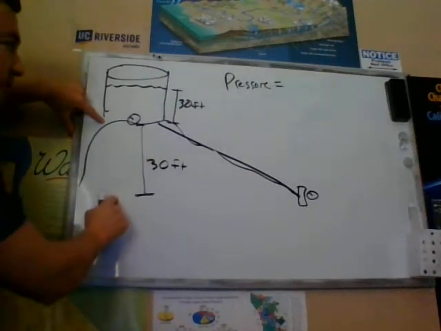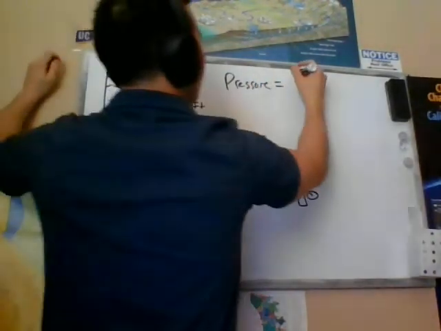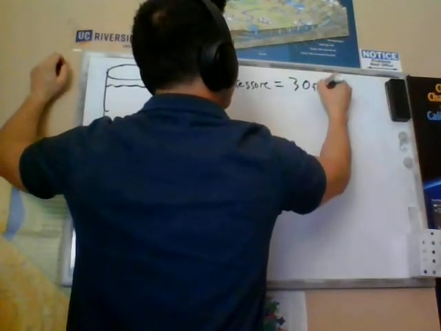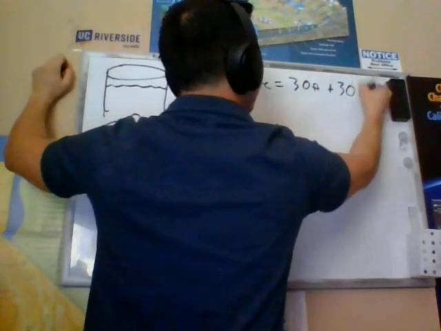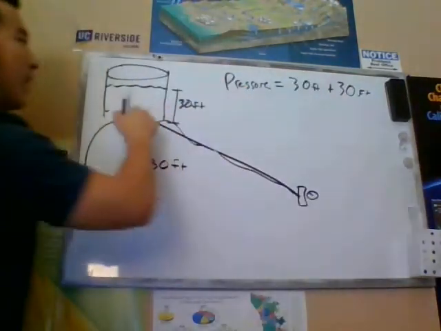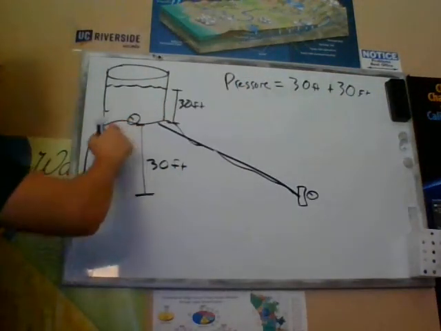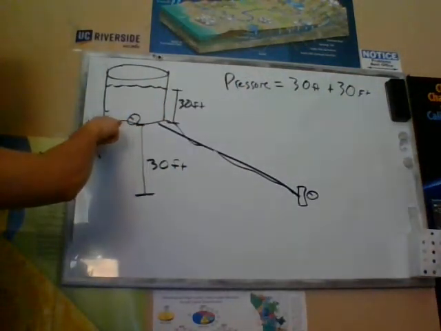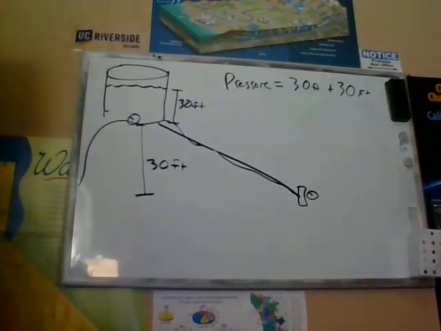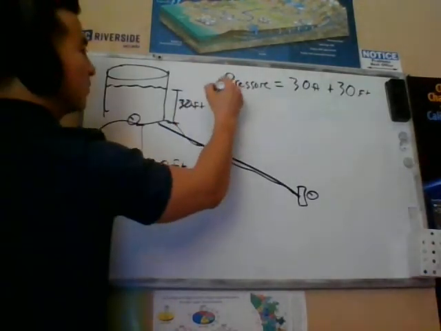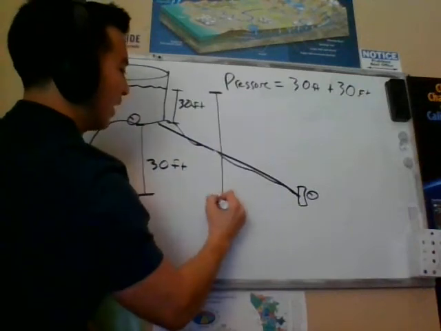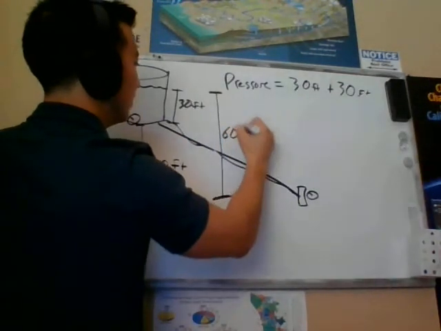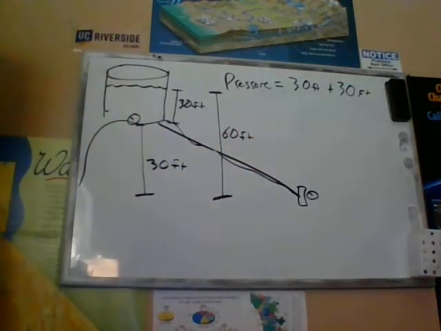So in this case, we are looking at a height of 30 feet plus another 30 feet: 30 feet from the height of water in the reservoir and 30 feet from the altitude difference from the base of the tank to my fire hydrant. You can almost think of it as the distance from here down to here, which is going to give me 60 feet. That is my total difference.